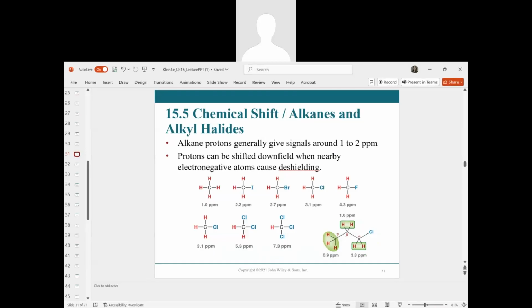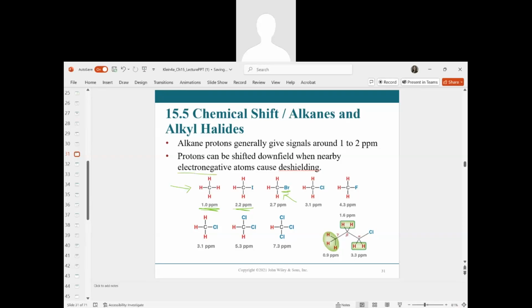So some chemical shifts that you can start to familiarize yourself with for alkanes specifically are shown here. So we have methane, and we see all 4 protons would give an equivalent signal at 1 ppm. Here we have 3 protons producing a 2.2 shift. And then as we get further along here, we have bromine, a slightly more electronegative atom.